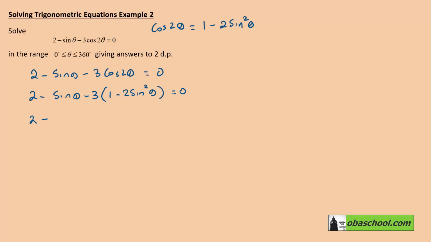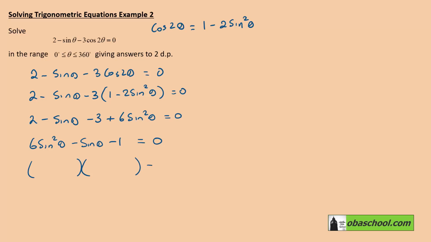So that's 2 minus sine theta, take away 3, plus 6 sine squared theta is 0. And tidying that gives me 6 sine squared theta minus sine theta, take away 1, is equal to 0. And that's a quadratic. Not only that, I can factorize it.